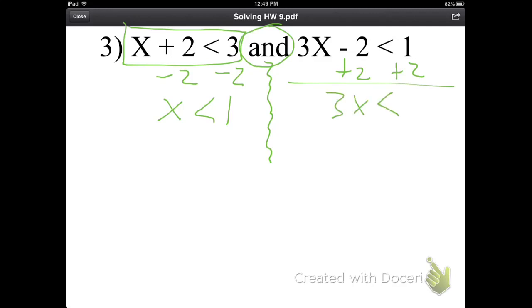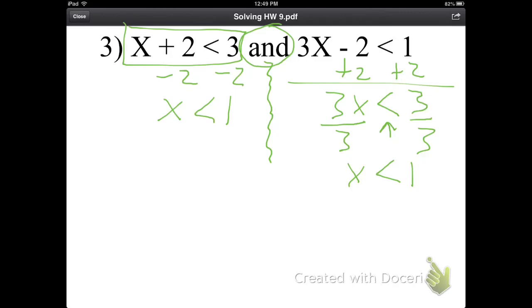Right side now has 3. And now I need to divide by 3 to get rid of the 3 in front of the x. 3 divided by 3 is 1. I do not switch my inequality because I didn't divide by a negative. I divide by a positive 3, so it doesn't change, giving me x is less than 1.